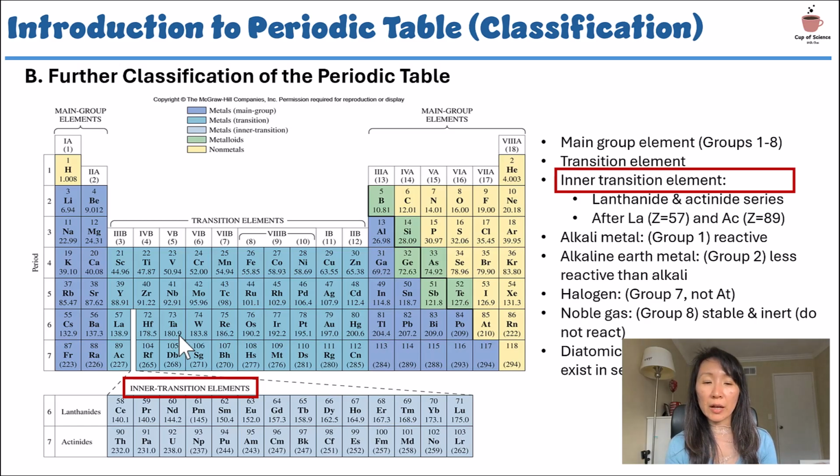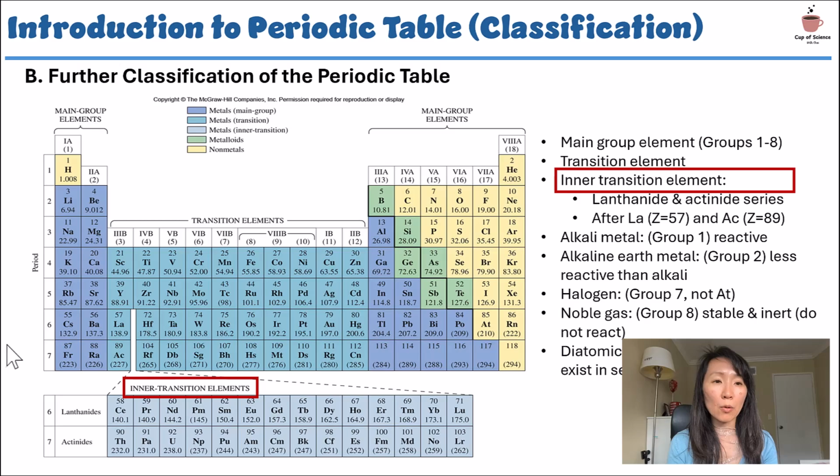Inner transition elements are subdivided into lanthanides and actinides right here. They are supposed to be right in between, between 57 and 72, 89 and 104. The reason why they have it plucked out is so that the periodic table doesn't look too stretched out. It's just so that it could all fit into this one nice area.